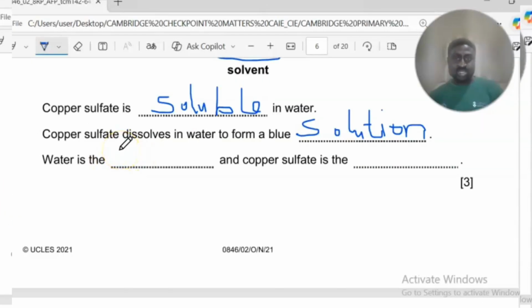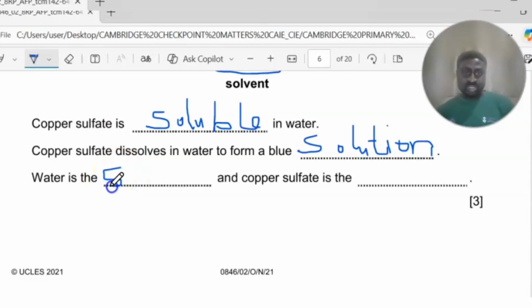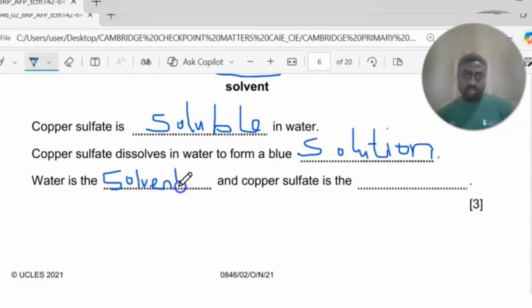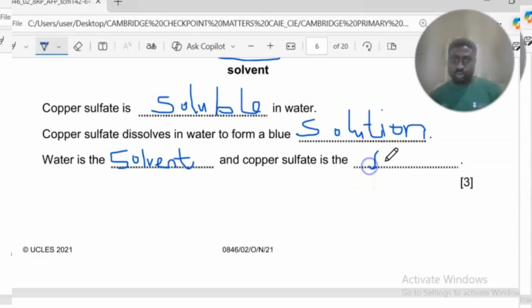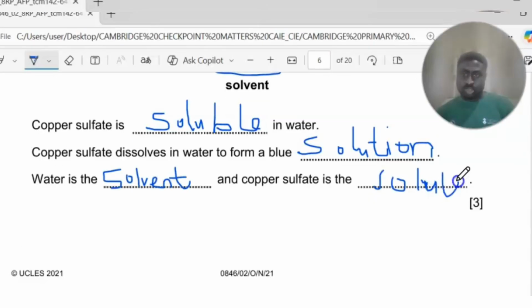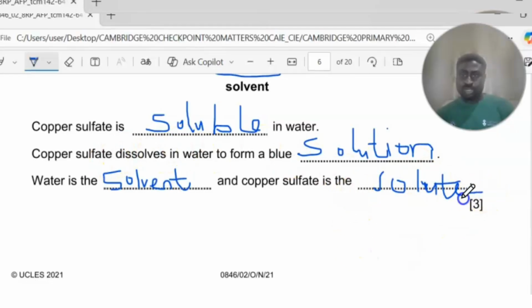Alright, so water is the solvent in this case, while copper sulfate, which is the solid substance, is the solute. S-O-L-U-T-E, solute. So if you can provide these answers in this correct sequence or order, you earn the full three marks. Alright, I hope this makes sense.